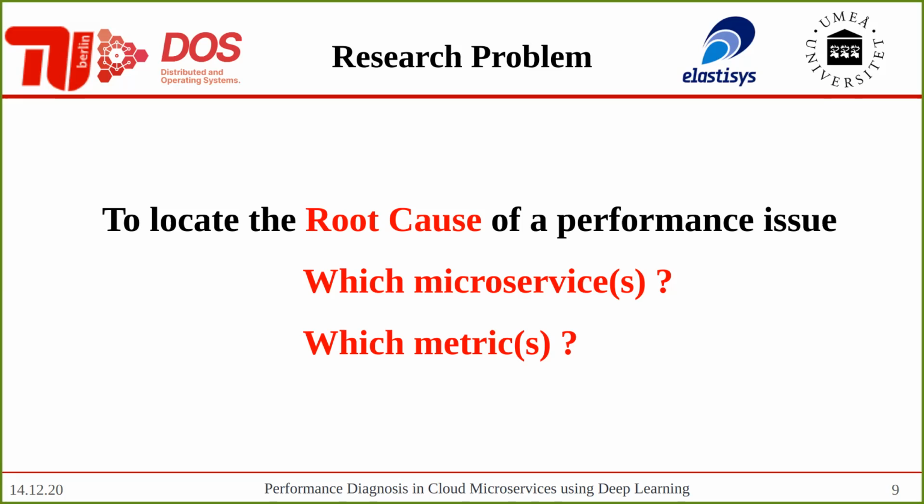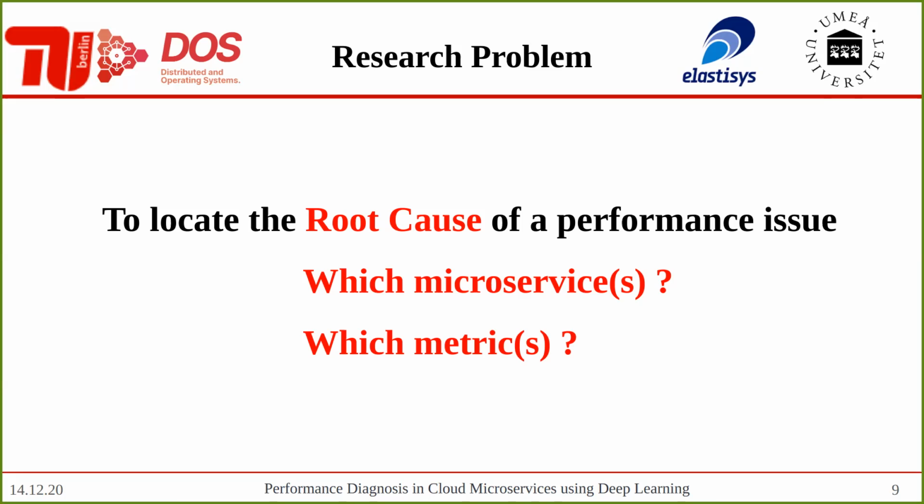The motivation behind this research problem is that we argue that only identifying the microservice is not enough for the system operators, because it still takes a lot of time for them to identify which action should be taken to reduce the outage time.